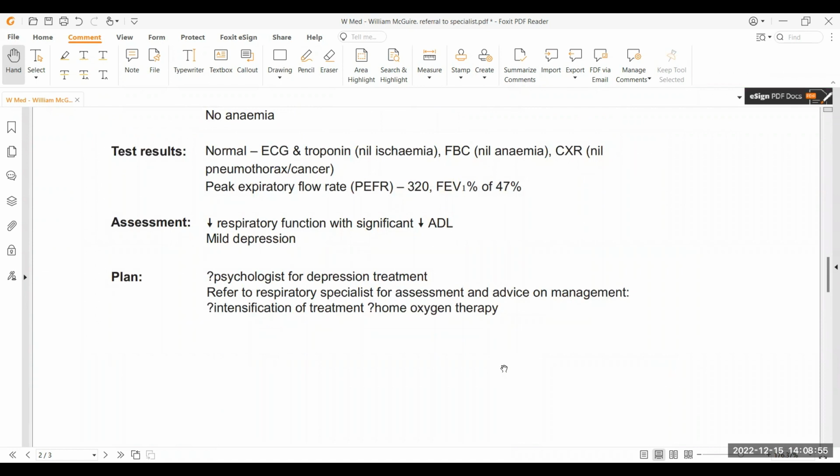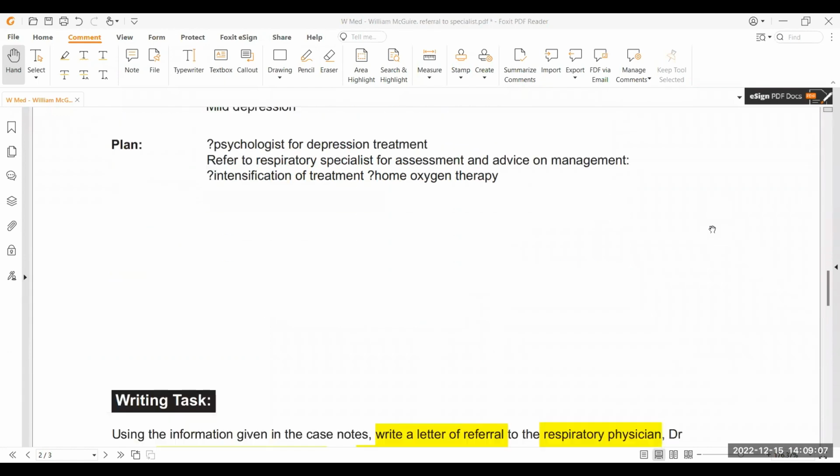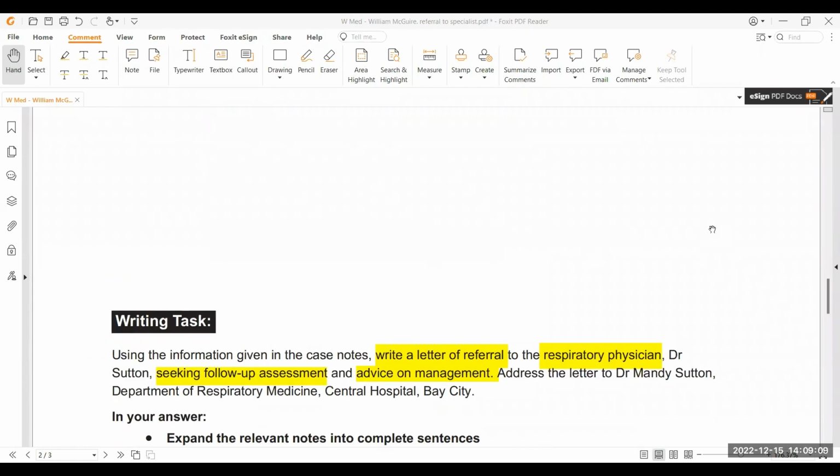When you're reading your referral letter, how do you normally read it, Dr. Tatiana? Normally, I read first what I need to do and what the letter is. This letter is a referral, to a respiratory physician, and for what they want us to do. So you always start with the writing task.